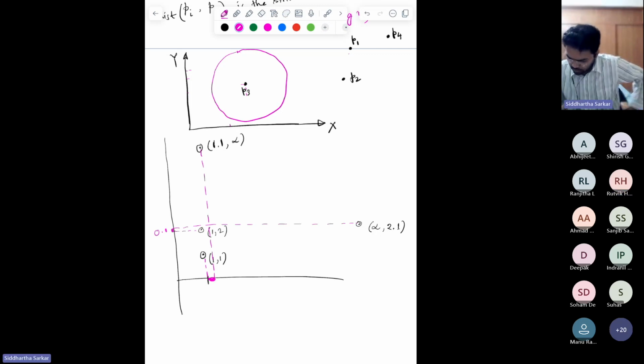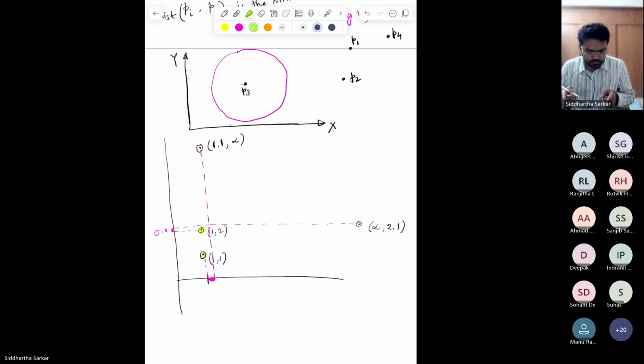Whereas, what is the closest pair of points? These two, taken together, have a distance of only 1. This makes sense, isn't it? Does it make sense to everybody? Is there anybody who objects to this?